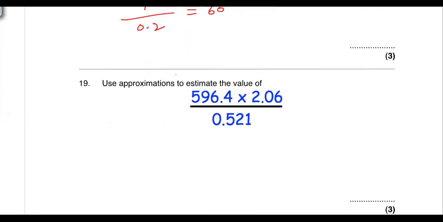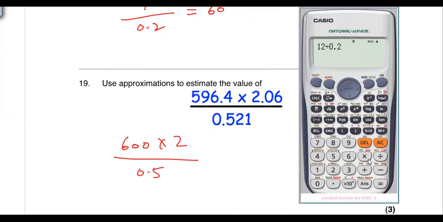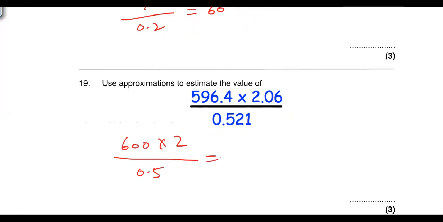Okay. Now, this one, rounding to one significant figure will become 600. Rounding to one significant figure, 2. Rounding to one significant figure, 0.5. So it will become 600 times 2 divided by 0.5. Answer will be 2,400.